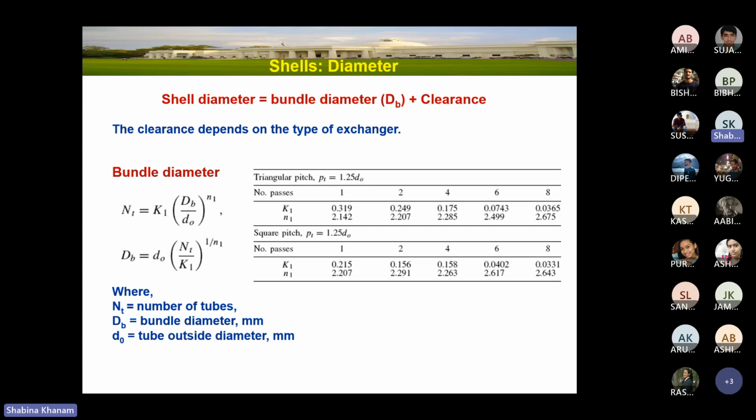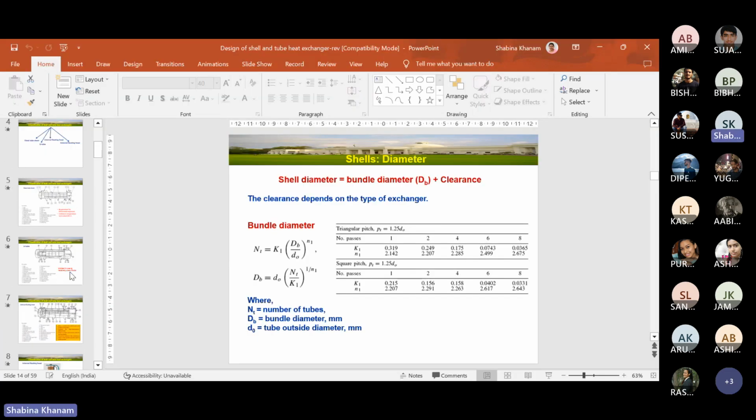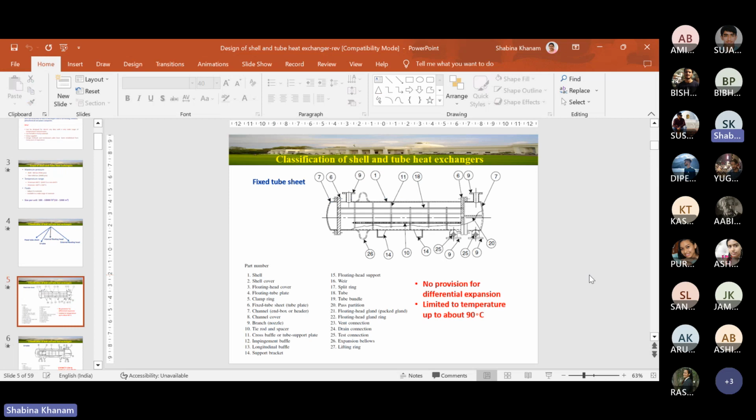The more closely, the lesser bundle diameter you could have. Similarly, why does it depend on the number of passes? Again from the same image I will tell you. If you consider the tube pass, this partition plate will be available in the tube side, in this tube inlet side, not in this bundle.